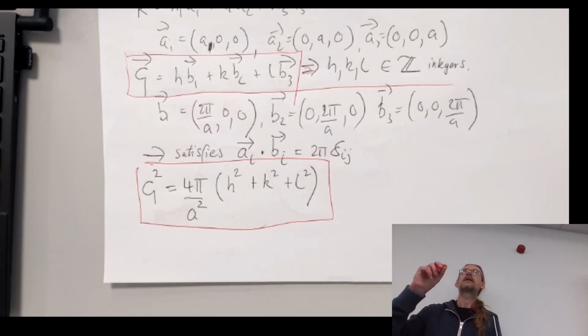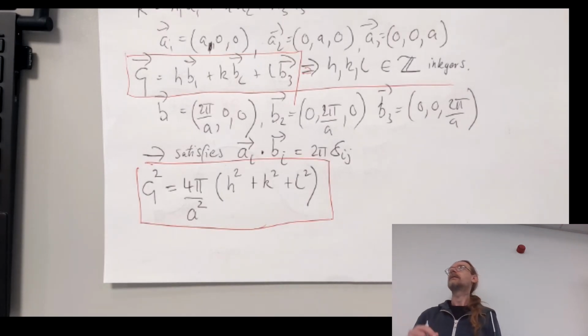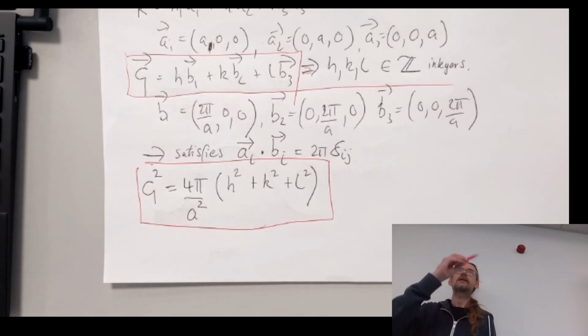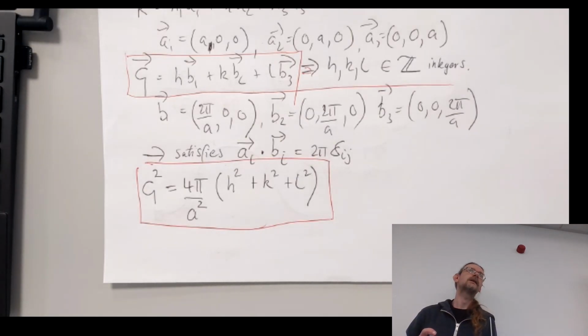So it's the grid you get from the ends of the real space lattice vectors. Put a dot where the end of every one of the arrows is, and the reciprocal lattice is the same thing, but with the reciprocal lattice vectors.